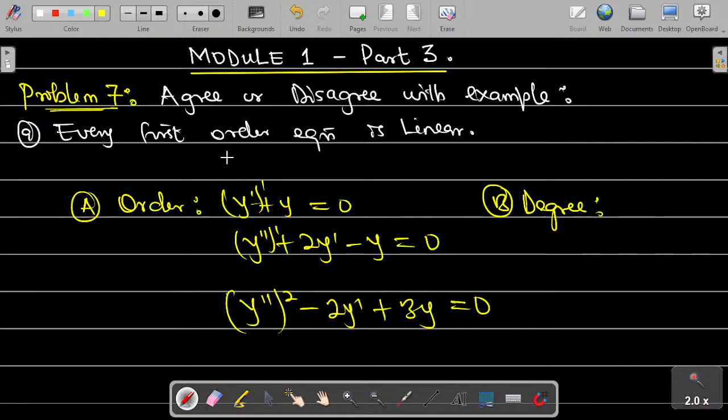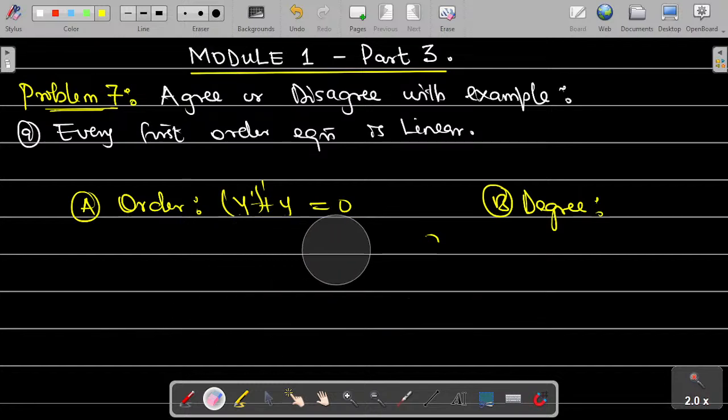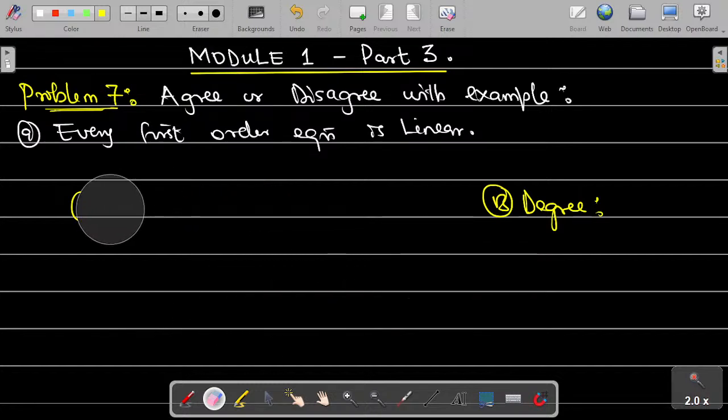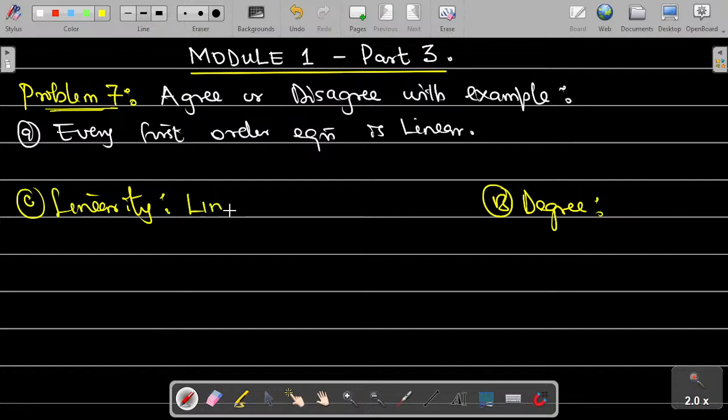The third classification of differential equations we have is what we call linear and non-linear. A differential equation can be classified according to its linearity, and there we have linear and non-linear differential equations. An equation is linear if it satisfies some conditions, and the same applies to non-linear differential equations.